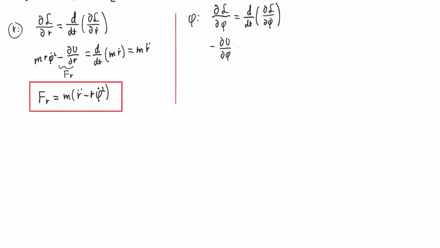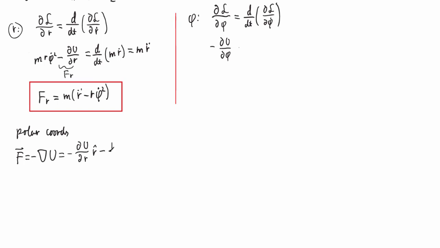but not too complicated. So let's remember that we're working in polar coordinates, and then we know that the force is minus the gradient of U. So in two-dimensional polar coordinates, the gradient gives minus dU dr r hat. The minus sign carries over, right?